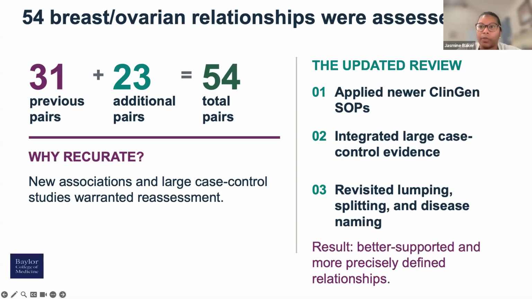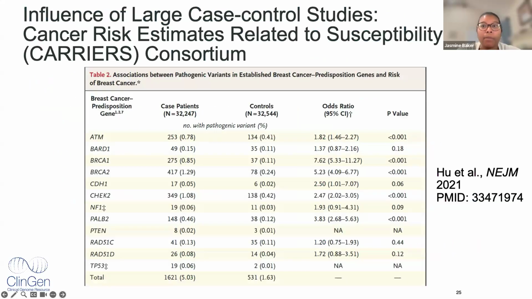So that's how we got to that 54. So our curators applied these newer procedures that we've already talked about. They incorporated the new data from large case control studies, and they revisited the lumping and splitting and the naming. And as a result, we really got better supported and more precisely defined relationships for breast and ovarian cancer.